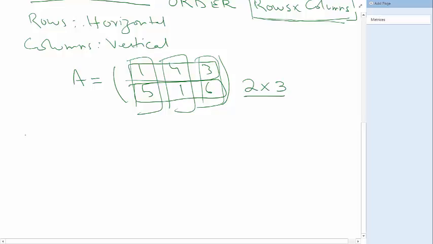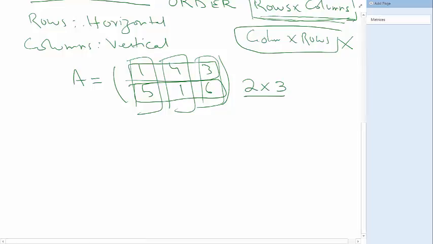I'm repeating it again. Please note it down. It is important to remember the format of writing the order. You cannot write columns cross rows. That's wrong. The order is always rows cross columns: first rows and second columns.